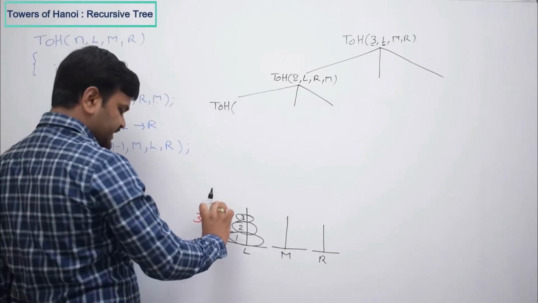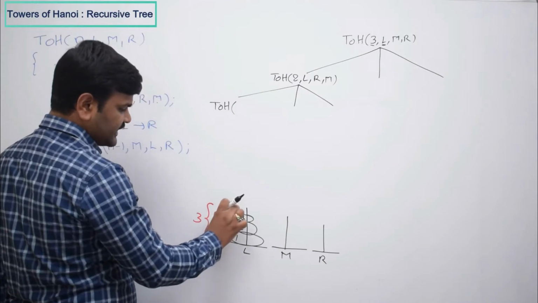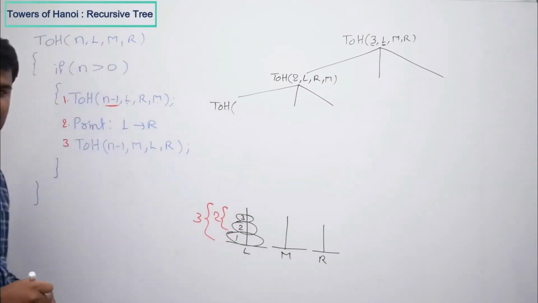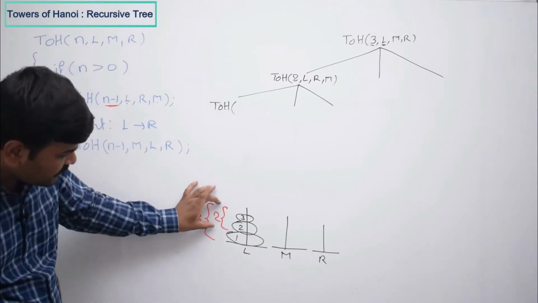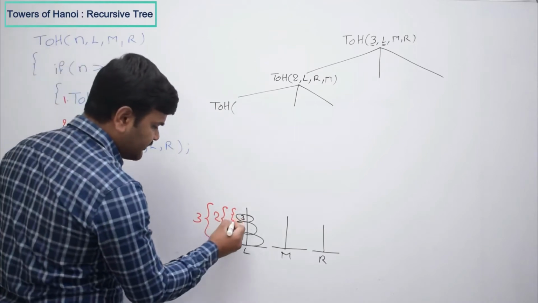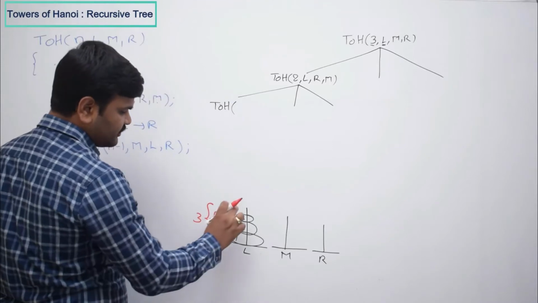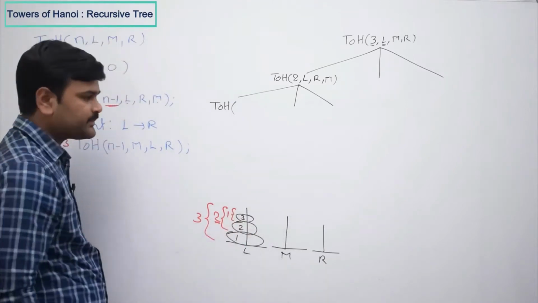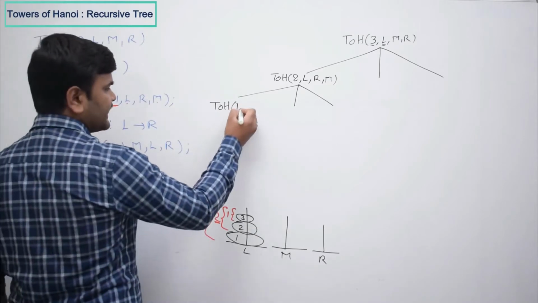To shift these 2, you have to shift the third disk first of all. So again the same statement is saying, with the new n value 2, first of all this n minus 1 disks, when n is 2, n minus 1 is 1, this one disk you have to shift first of all. That is your next target, that is the 1 here.